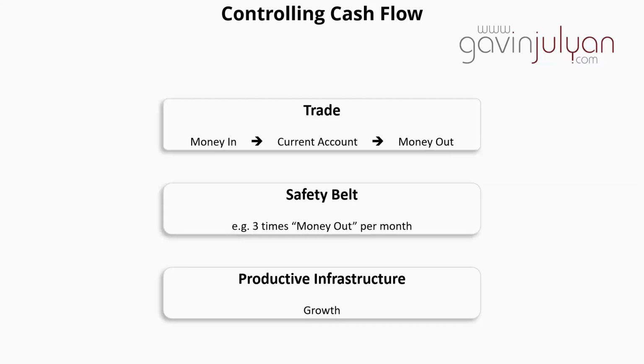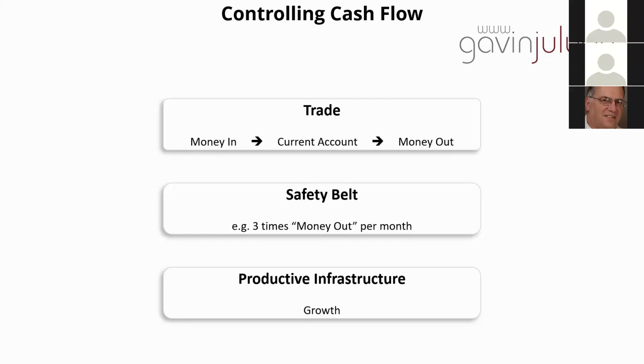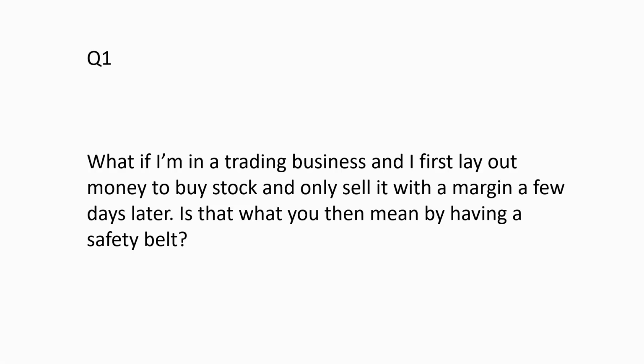But having said that, if you're trading and your money out is greater than your money in, then fairly obviously you're eating away at your safety belt and you're not capable of growing by buying more productive assets. So making a profit is essential. But what this sort of reporting allows you to do is to make sure that you're not going to hit the cardinal sin in any business, which is running out of money.